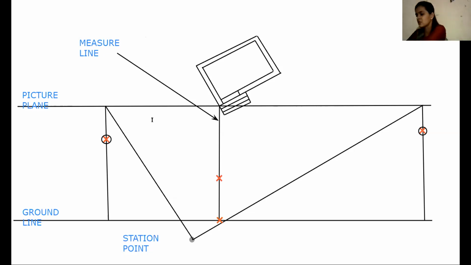So it's like a zoom out. So again, I'm joining this single side corner from here, the station point, and this side also.